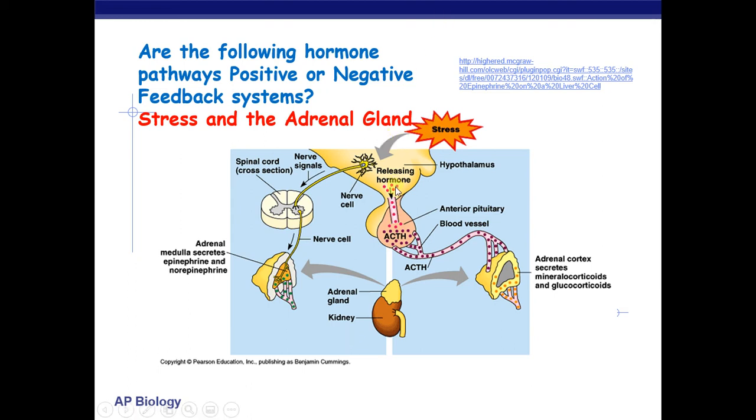And your hypothalamus will also tell the pituitary to send out its own message to tell the cortex of the adrenal gland to make two different types of corticosteroids that will have a different response on cells.